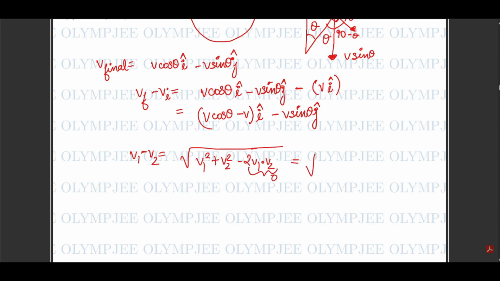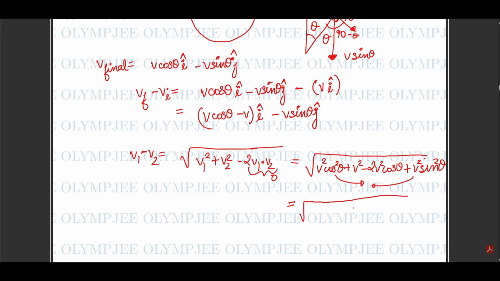This will become v square cos square theta plus v square minus 2v square cos theta plus v square sin square theta, and sin square plus cos square is 1, so we can combine these terms, and the final magnitude will be v square plus v square minus 2v square cos theta.